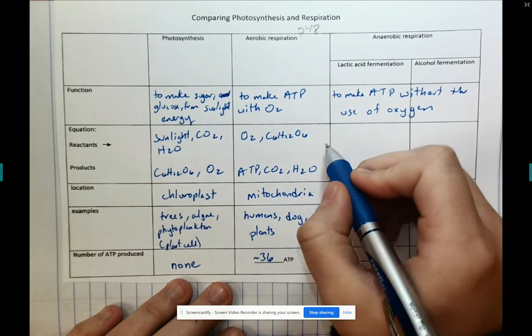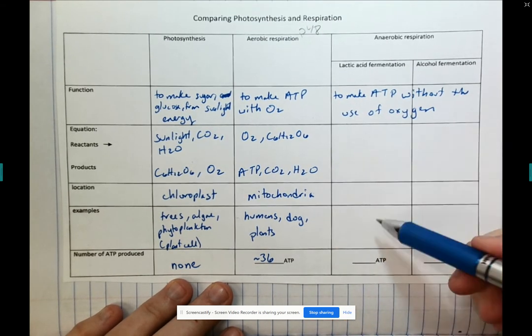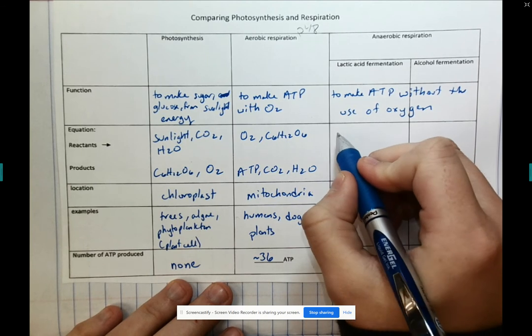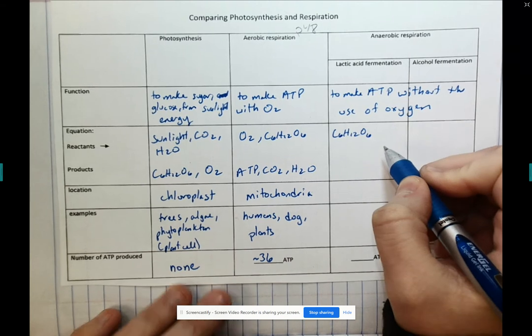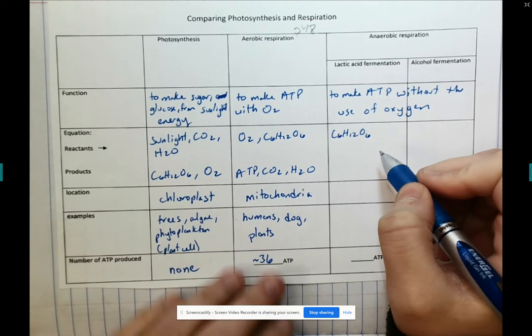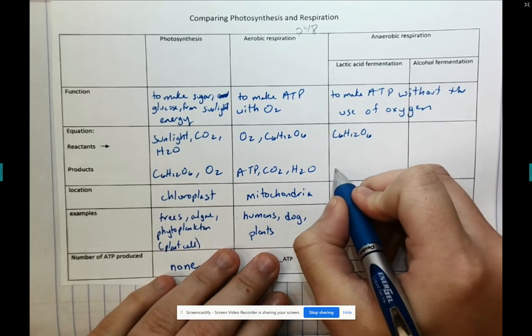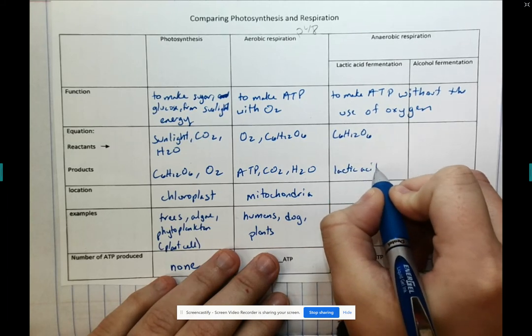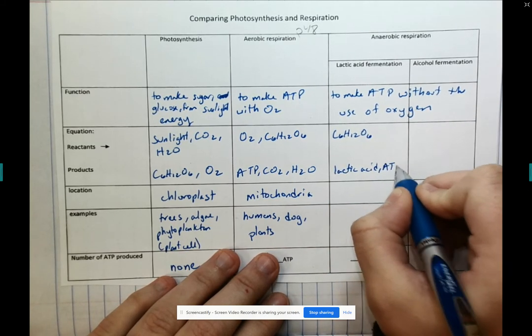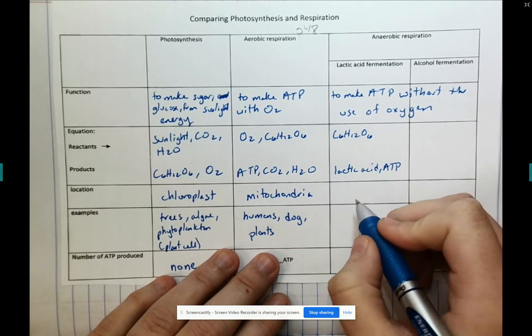All right, as far as our reactants, I'm going to stick with lactic acid fermentation. What goes in? We still have to have glucose. Glucose goes in, and then our products are going to be lactic acid and ATP.